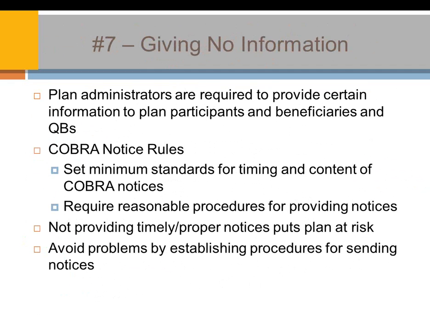Okay. The number 7 reason, giving no information. That's probably not the best way to phrase that, but plan administrators are required to provide certain information to plan participants and beneficiaries and qualified beneficiaries. Those are done through COBRA notices, and there's specific rules about the timing of those notices, and it's really important to make sure you know what those are, because they all have different periods of time and can become very confusing when it comes to when someone has to elect versus when someone has to pay initially versus open enrollment and continuing premium payments throughout that period of time.